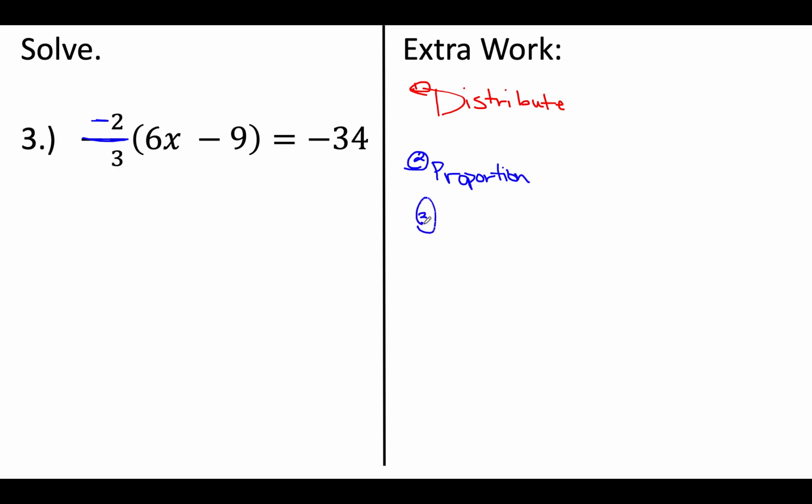Option number 3 is to multiply by the reciprocal. And that's the option I'm going to go with again. So whatever I do to one side, the reciprocal is 3 over negative 2.